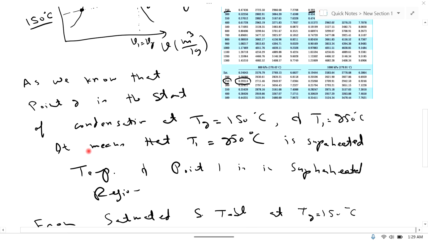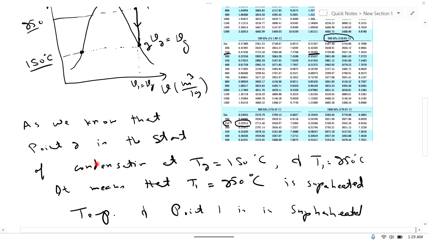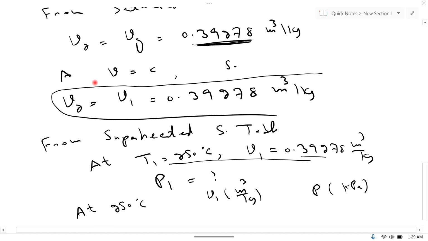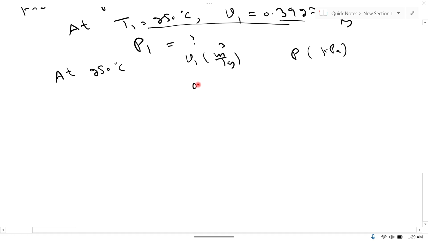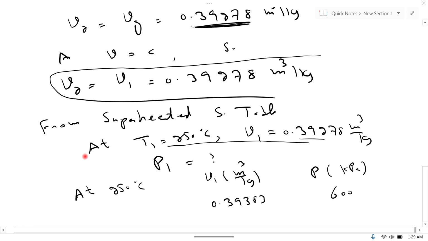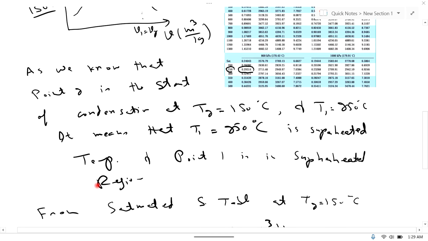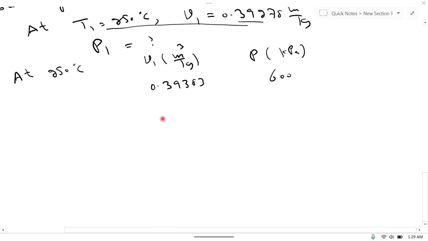The available values are 0.39383 at 600 kilopascal and 0.29314 at 800 kilopascal.